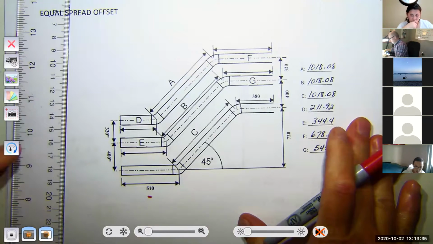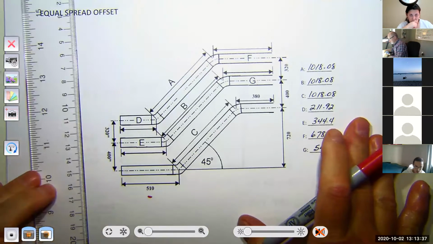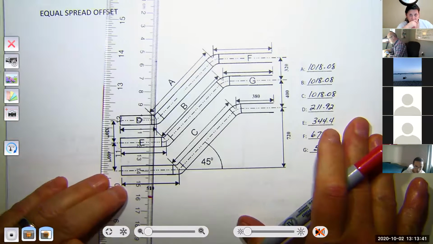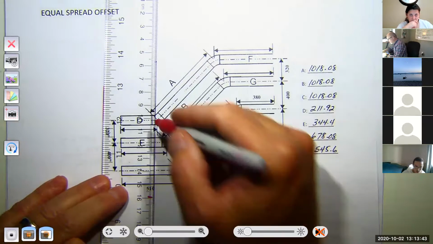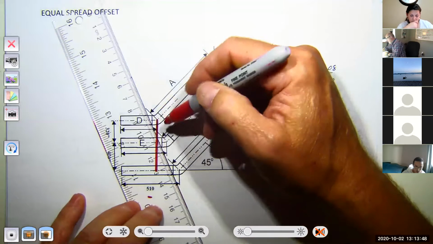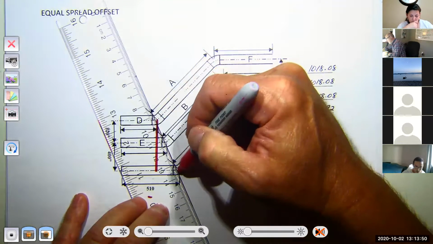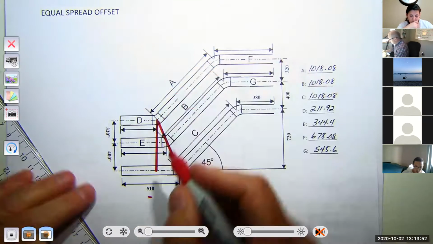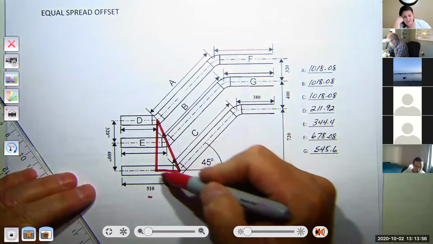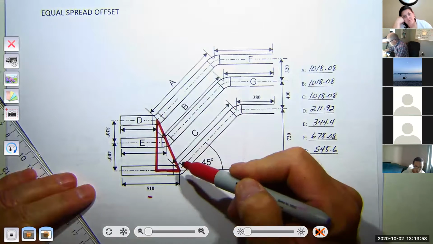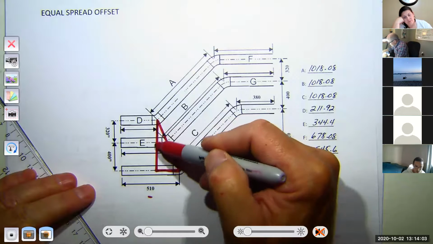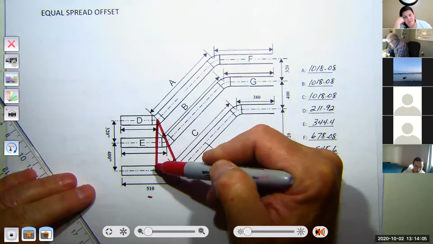Okay. So what I'm going to do is solve for D first. I'm going to go from the middle of that 45 and draw a 22.5 because I'm going to cut these 45s right down the middle. And I have a 22.5 degree right angle triangle. You see that there, Sylvie? Yep. So this run right here is 720. That's right.